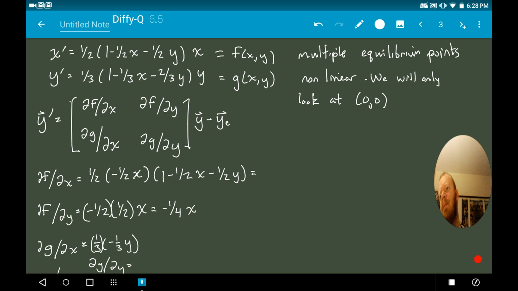Let me just double check that I got that correct. This says I did it wrong, but I'm not really sure what the difference is. What did I do wrong here?